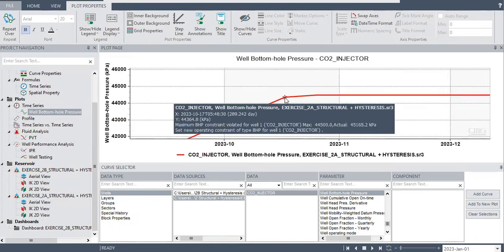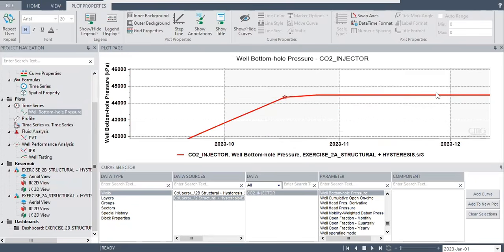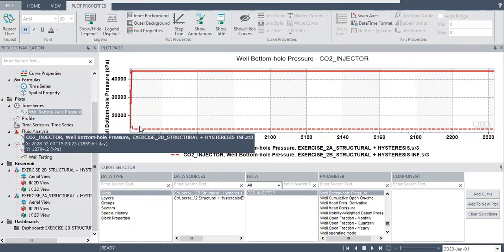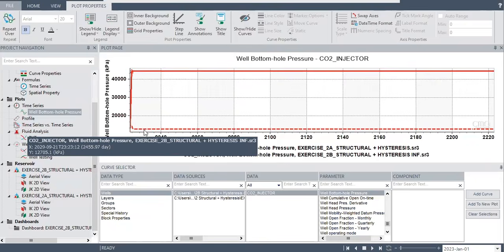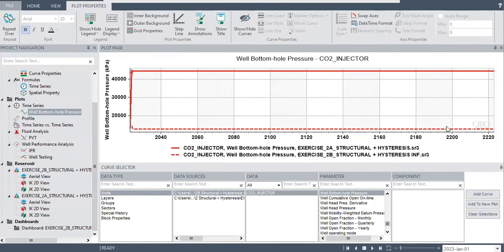You see the star, maximum bottom hole pressure constraint violated for well 1. That's why after that the pressure stabilized. Let's zoom, and then compare it with the infinite reservoir. You see the pressure hardly changes. The pressure stays at 12,700.